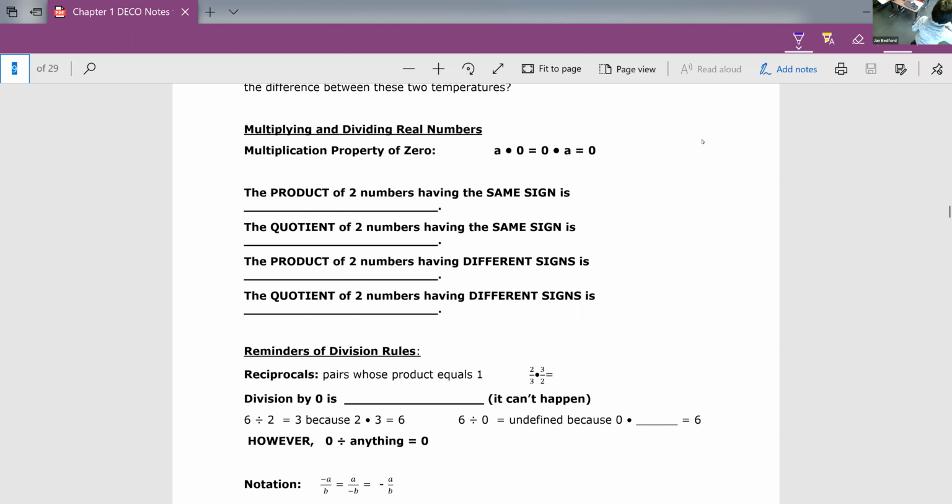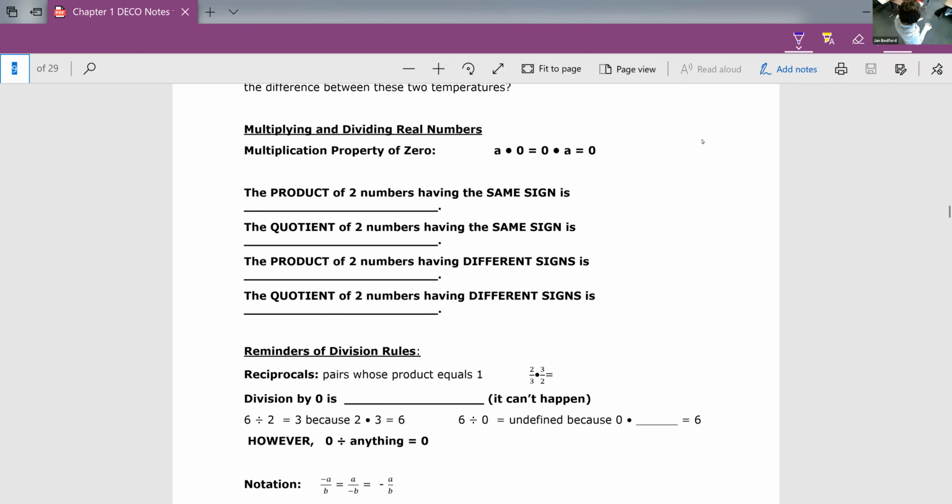Now, let's talk about those sign rules. We reviewed the addition and subtraction rules earlier in class today, and we said if I'm adding numbers and the signs are the same, what do I do to get the number part of the answer? I add. Whatever their absolute values are, I add.